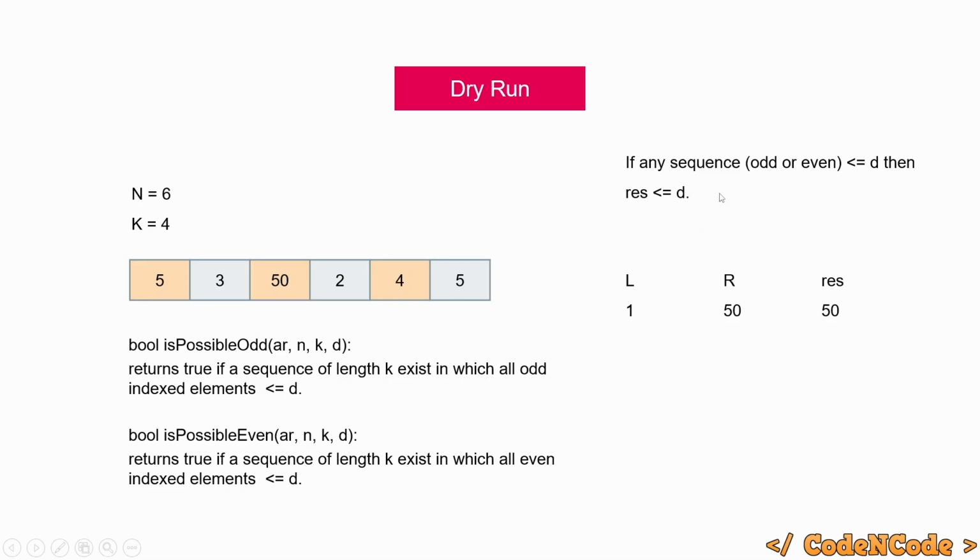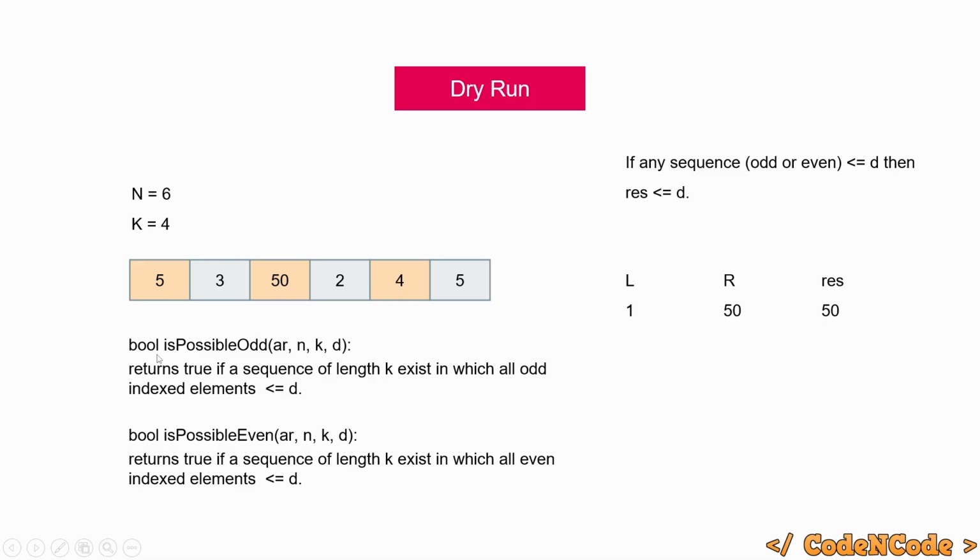Because if either the odd or the even sequence is less than or equal to 25, the overall result will be less than or equal to 25. So if I can find any subsequence of length 4 in which all of the odd elements or all of the even elements are less than or equal to 25, then the result is going to be less than or equal to 25, right?